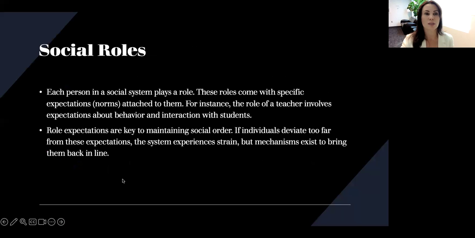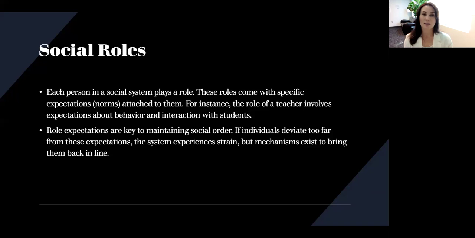So roles for Parsons is also another very important thing. Each person in a social system plays a role. These roles come with specific expectations, norms attached to them. For example, we can play so many roles in our society, right?